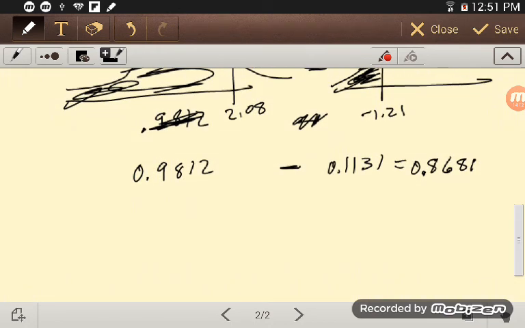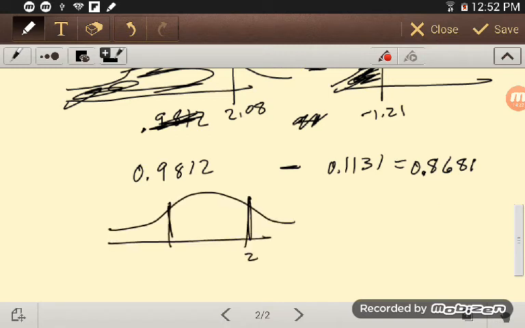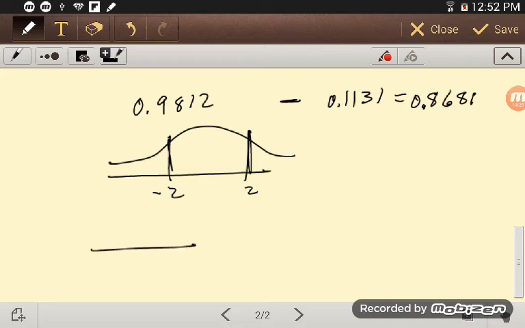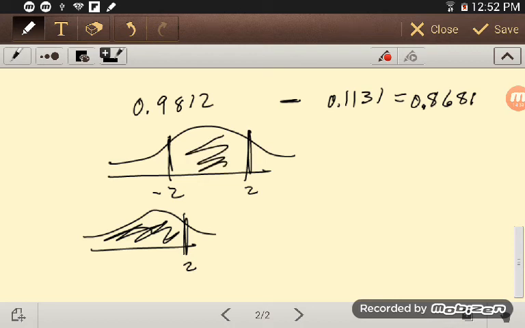So remember 95% was between plus and minus 2 standard deviations. Well, let's look at that. Here's 2, here's minus 2. Pretty nasty looking curve there, but there we go.